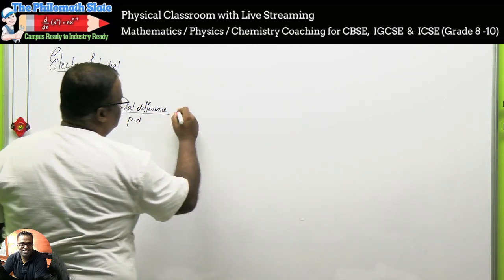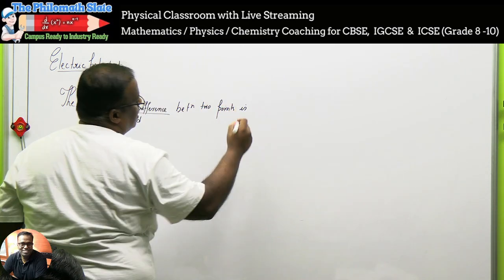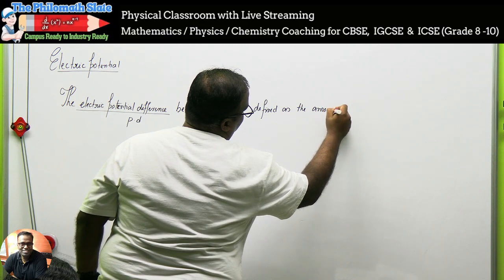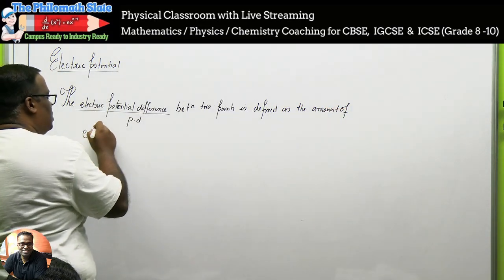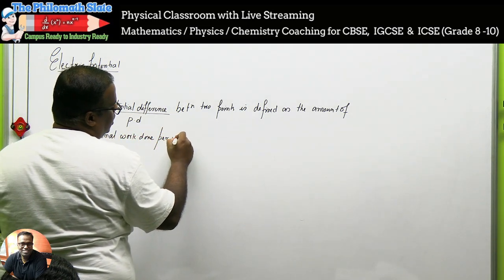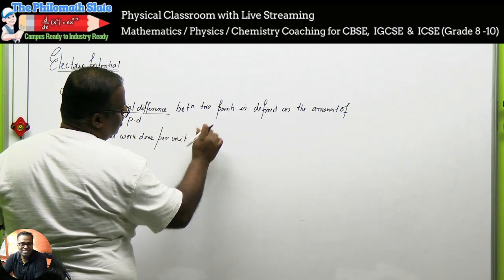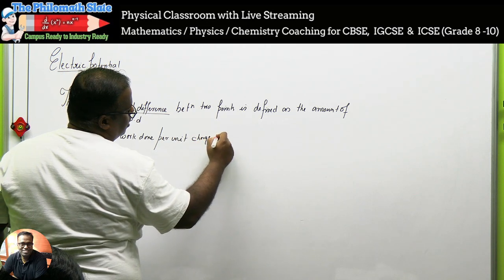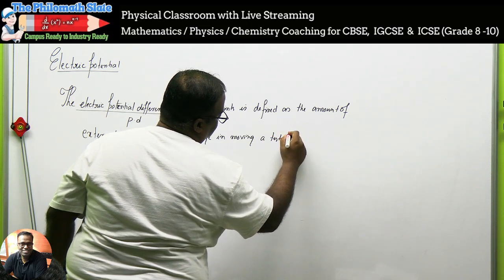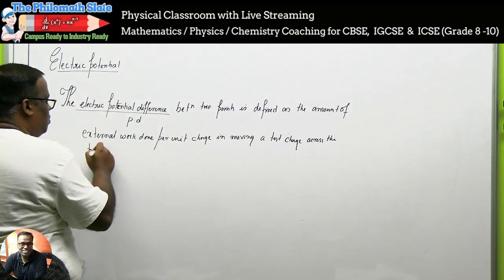So the electric potential difference between 2 points is defined as the amount of external work done per unit charge in moving a test charge across the 2 points.